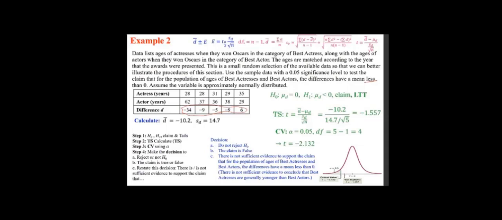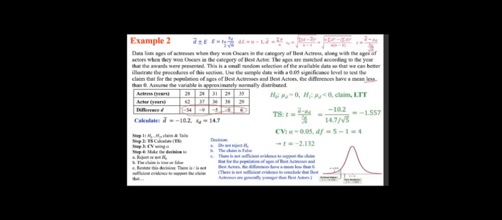There is not sufficient evidence to support the claim that for the population of ages of best actresses and best actors, the differences have a mean less than 0. There may be other ways of putting it. There is not sufficient evidence to conclude that best actresses are generally younger than best actors. However you want to put it.